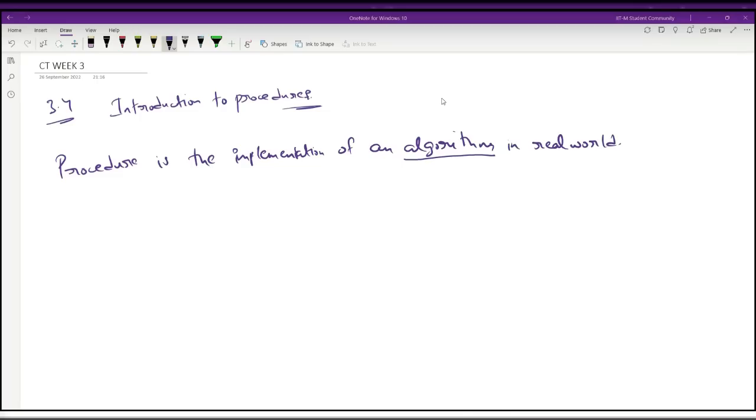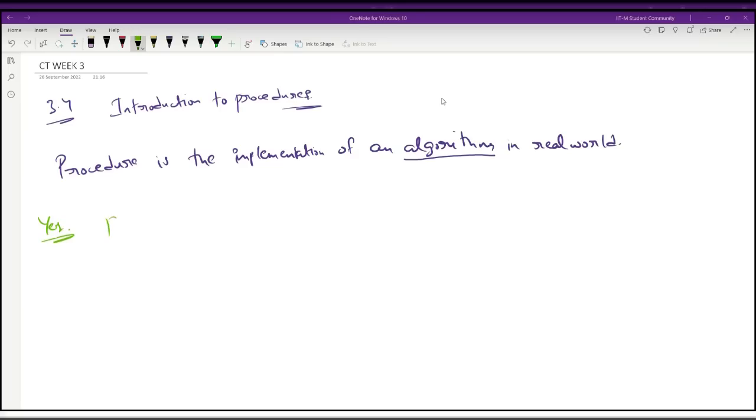Now, to what extent are procedures helpful for us? Are there any advantages of procedures? Yes, definitely there are advantages of procedures, but that is not in the scope of the syllabus. The fine answer would be yes. Now, what is present inside a procedure?